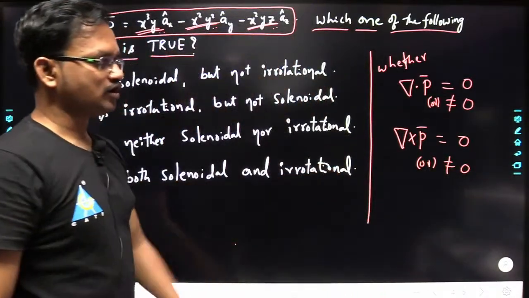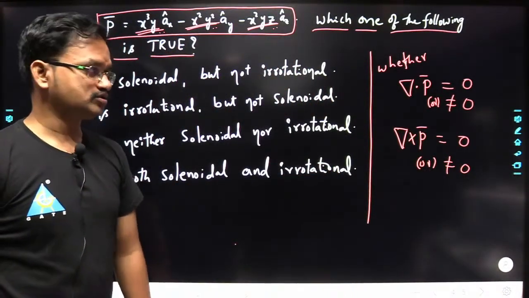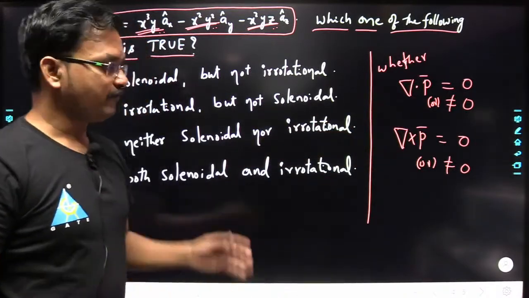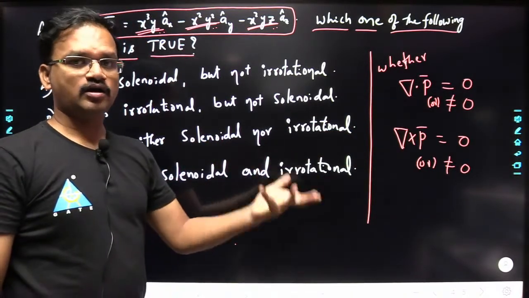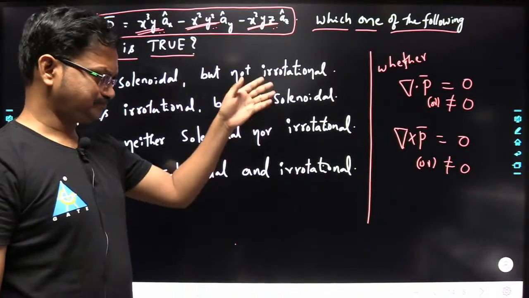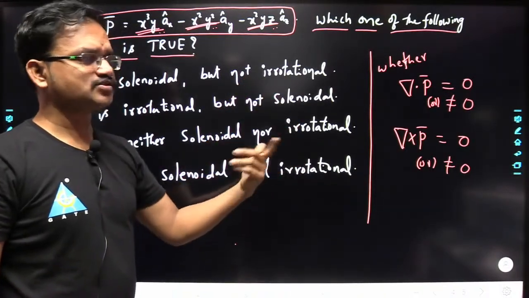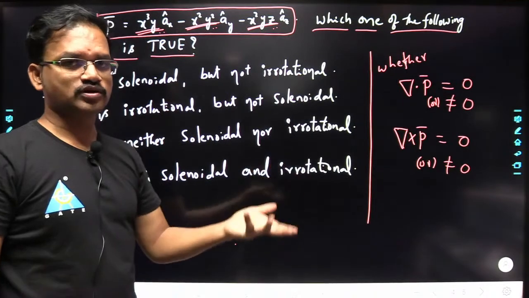This is what you have to check. Based upon this, we can say whether P bar is solenoidal or irrotational, or both, or neither.